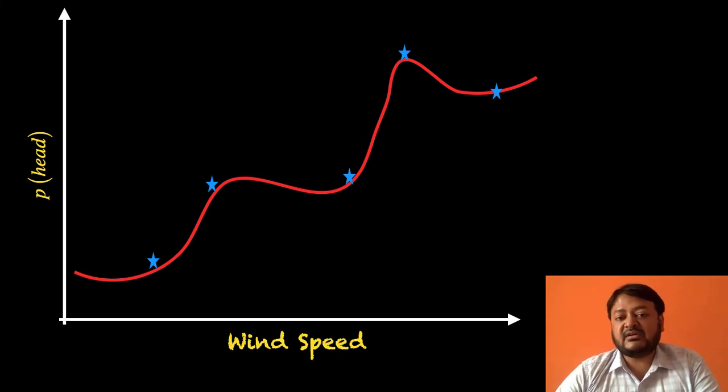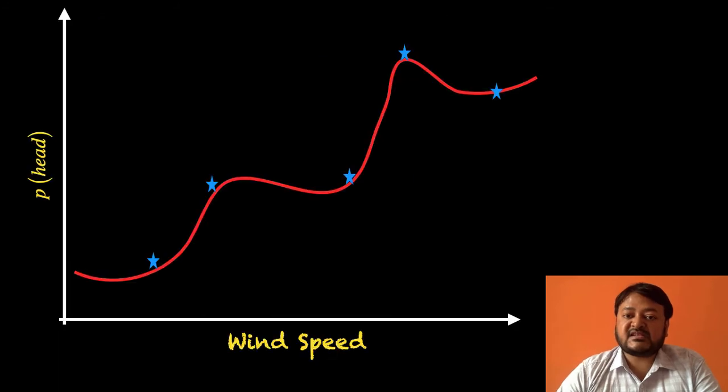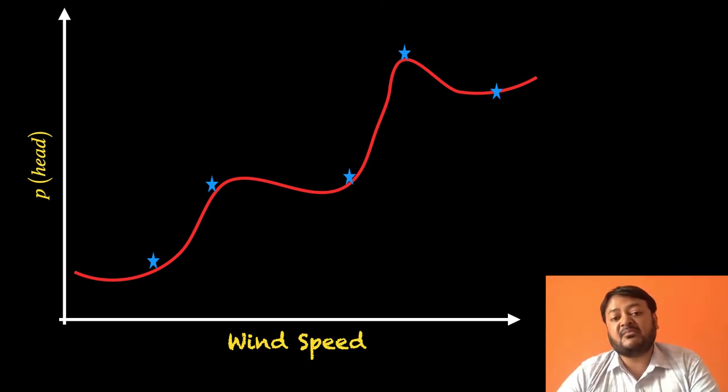Here supervised learning comes into play. Essentially, what supervised learning does is it tries to predict the function which connects a set of inputs to a set of outputs. In this case, for example, your input was wind speed and your output was the probability of getting a head, but in general the inputs may not be just one, they may be many. Similarly, the outputs may not be one, they may again be many, and the number of outputs may not be the same as the number of inputs.